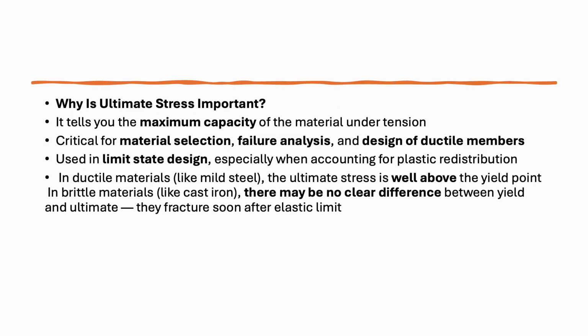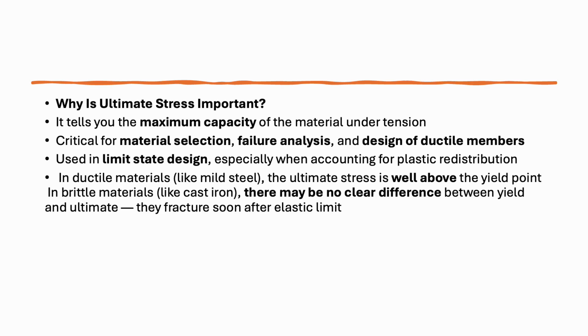Why is ultimate stress important? It tells you the maximum capacity of the material under tension, critical for material selection, failure analysis, and design of ductile members, which means design of steel, then used in limit state design, especially when accounting for plastic redistribution. In ductile materials, the ultimate stress is well above the yield point.